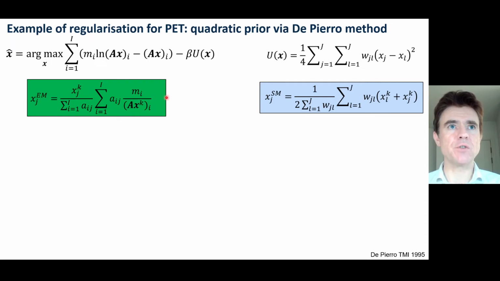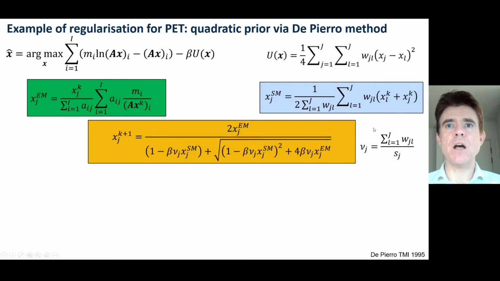So here on the left-hand side we have a data fidelity based update according to the Poisson log likelihood, and on the right-hand side we have an update that is in accordance with the energy term, in accordance with our prior. And then the overall update equation is basically a combination or a fusion of these two updates.